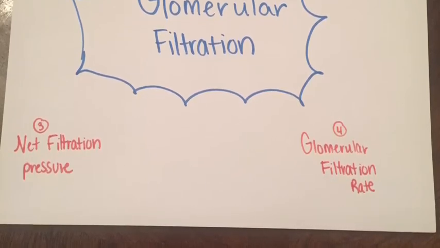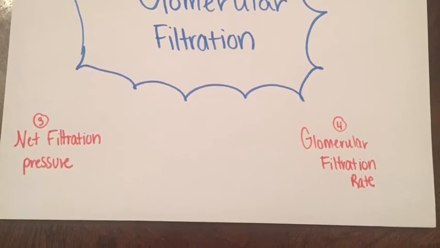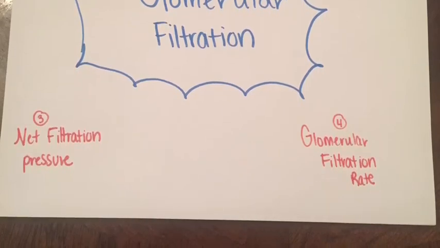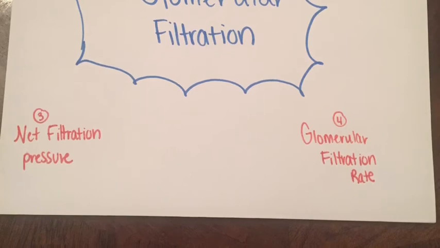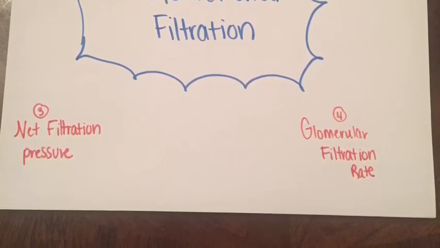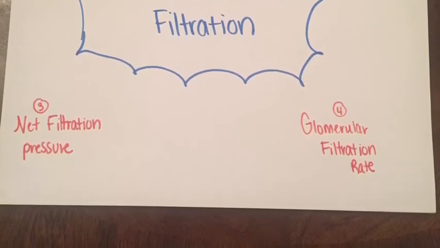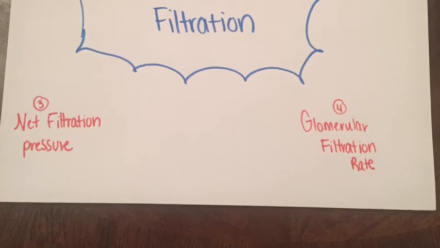Glomerular filtration rate, GFR, is the total amount of filtrate produced per minute by the kidney as a whole. Factors affecting filtration rate: surface area available for filtration, filtration membrane permeability, and net filtration pressure.